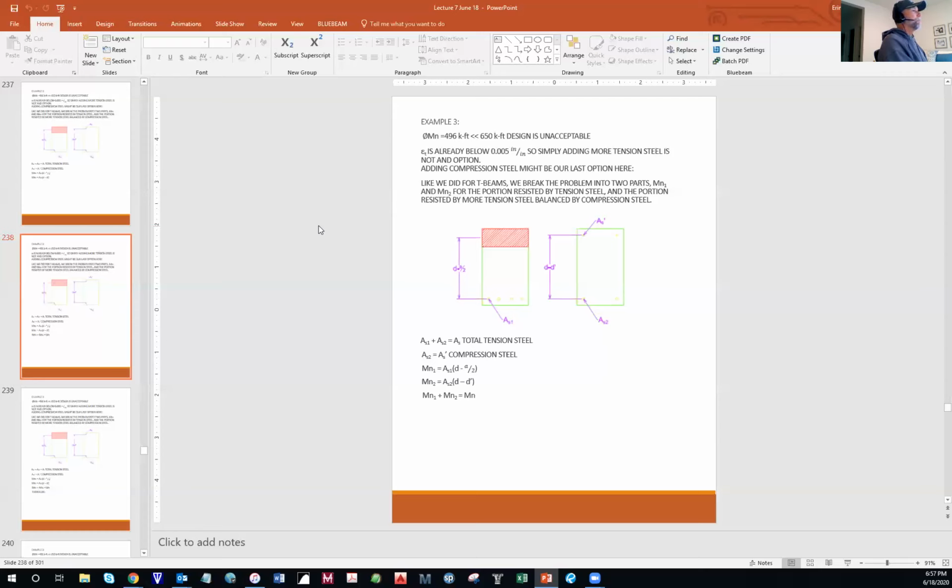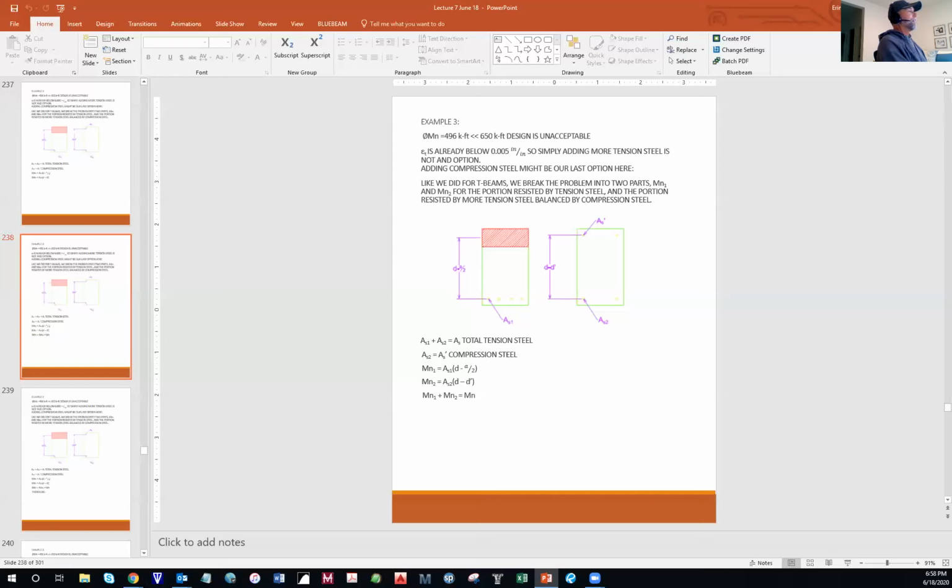When you draw your moment diagram, you will then see that some of that beam is under positive moment and some of that beam is in negative moment. Okay, that's a good question. No, you are not taking the largest between the positive and the negative.